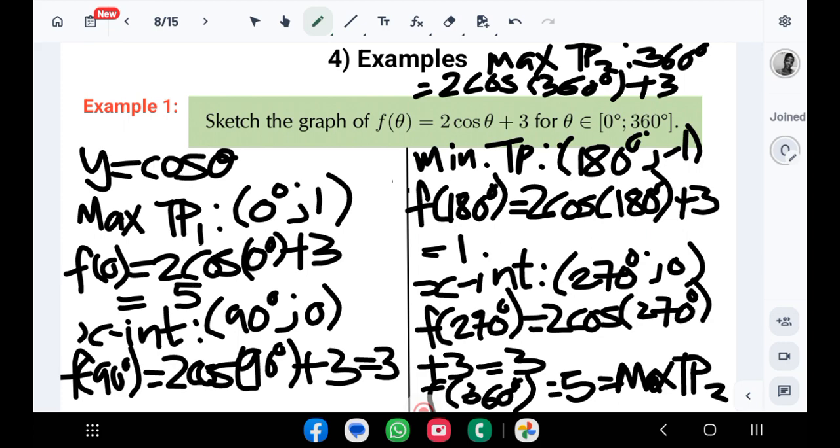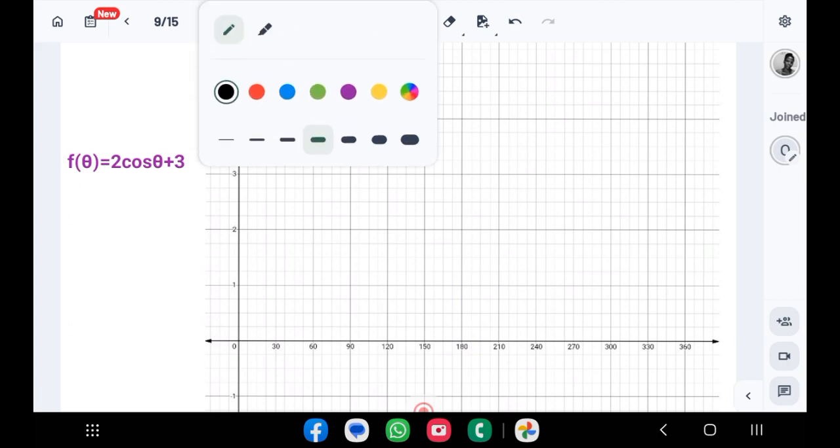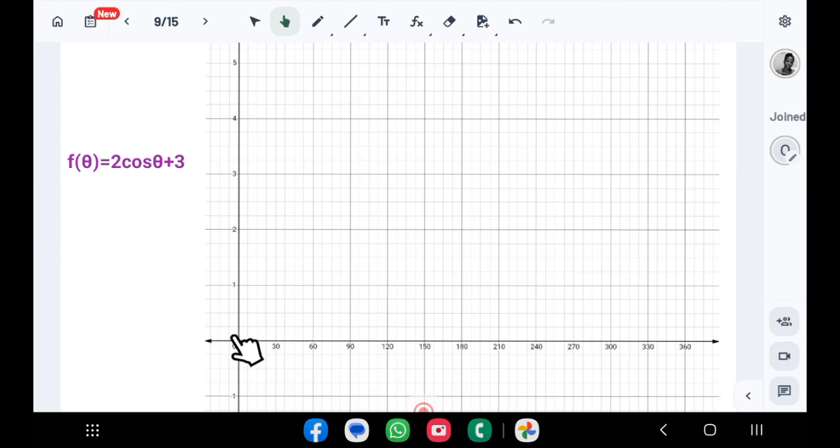All right, now let's plot these points on graph paper. But before we do that, we will be plotting the standard equation of the graph. So let's first start with the standard format at 0. I'm going to make that the red graph. The red one we're plotting is y equals cos of theta.